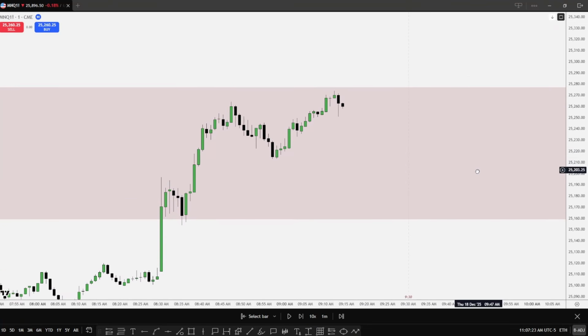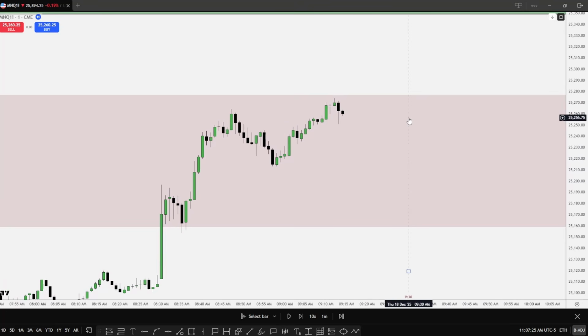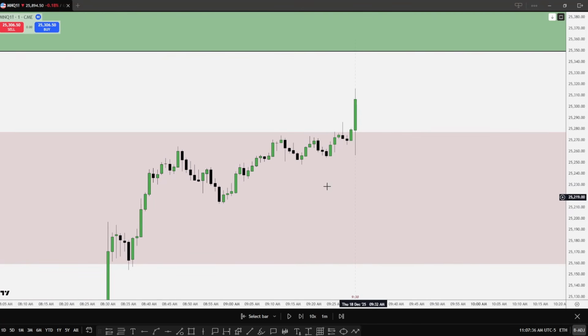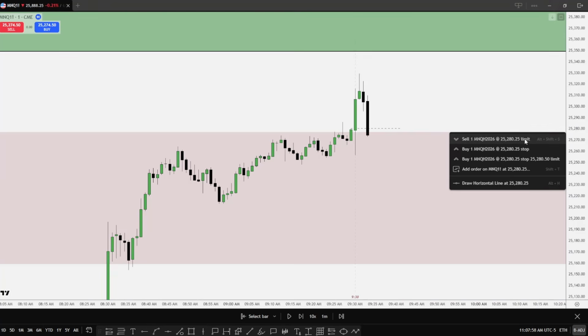Dropping down to the 1 minute, I just wait on time in my entry model. So it looks like price is going to run up here maybe. As you can see, we're in a premium. We have an inversion. So these are the shorts that I like to take. Put a limit here.